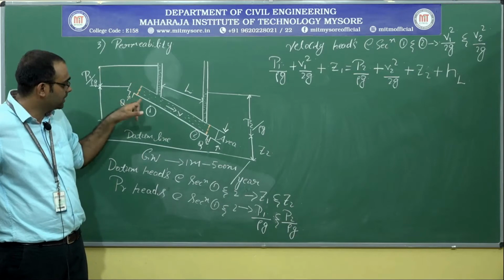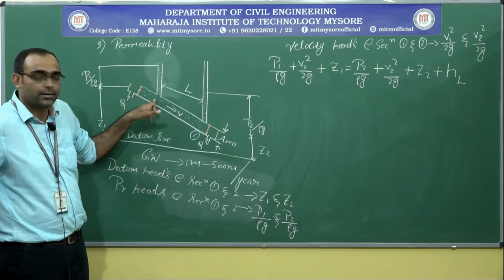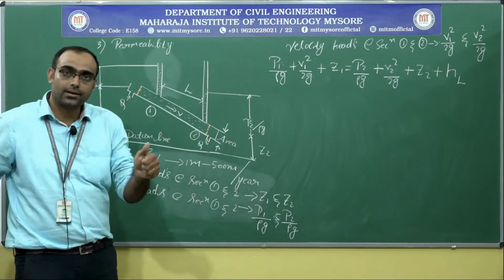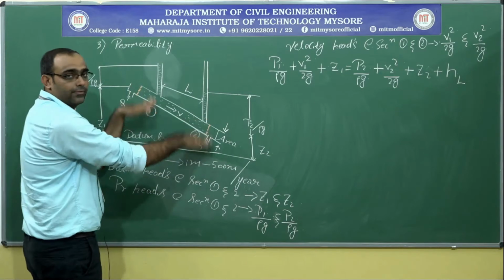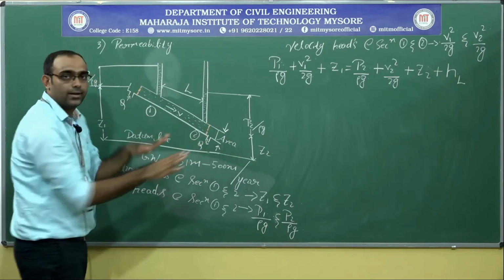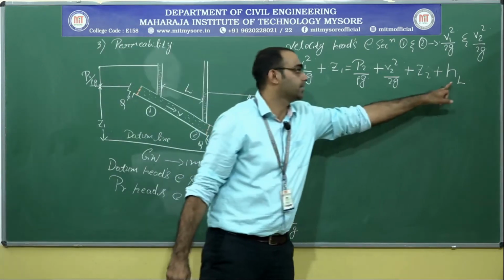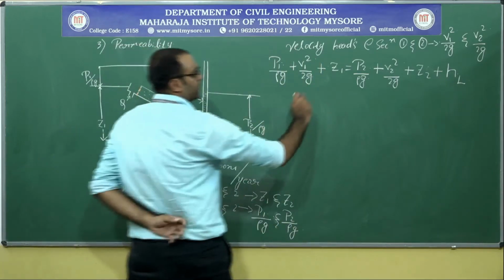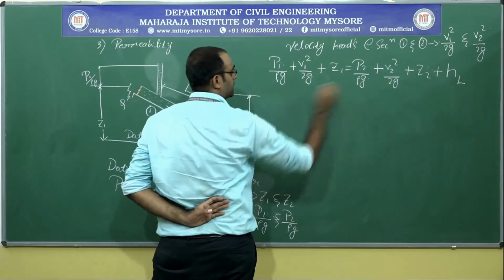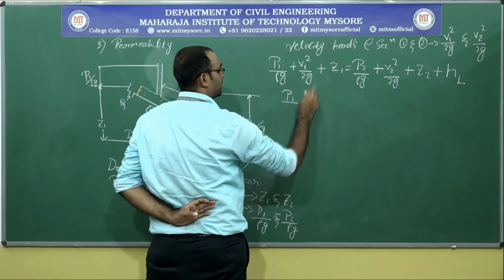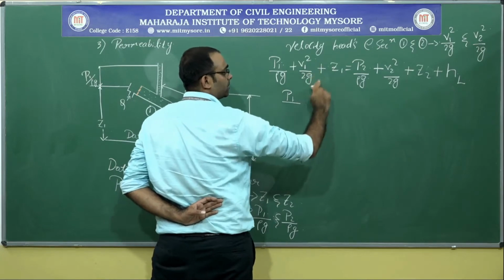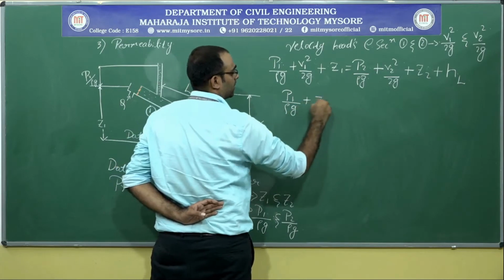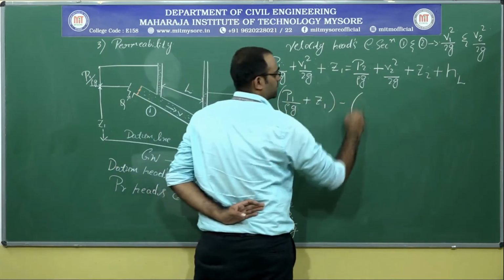So if the water has to flow from high energy region to low energy region, then you should understand that there is an energy difference, or there is a head loss, and that is represented as HL here. Since we have neglected the velocity heads, we will leave out V1 square by 2g and V2 square by 2g from this equation, and we are going to write it like this.